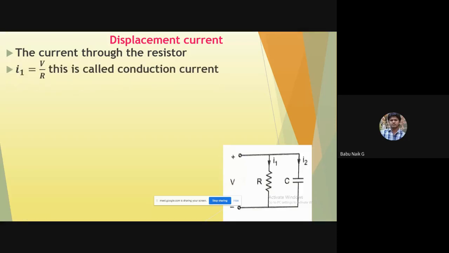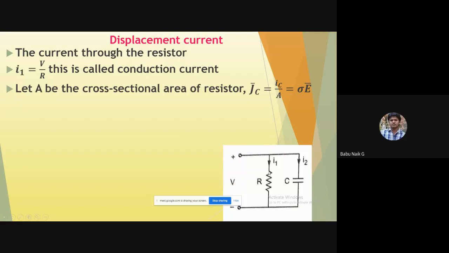Generally we know that the current I1 we can write as V by R, that is the applied voltage over the resistance. The current through this resistor we call the conduction current.